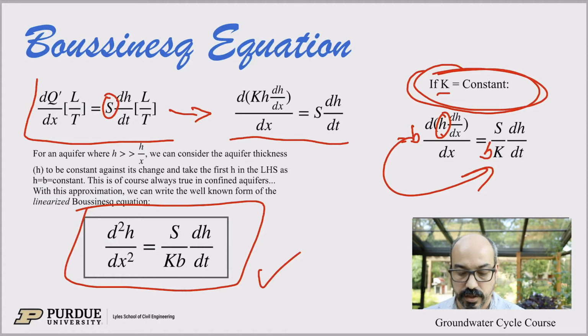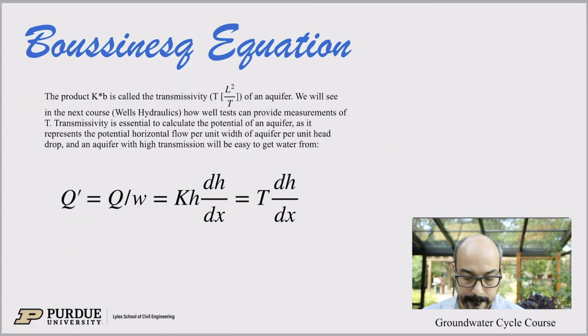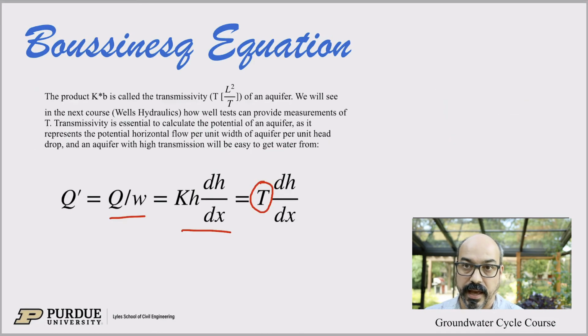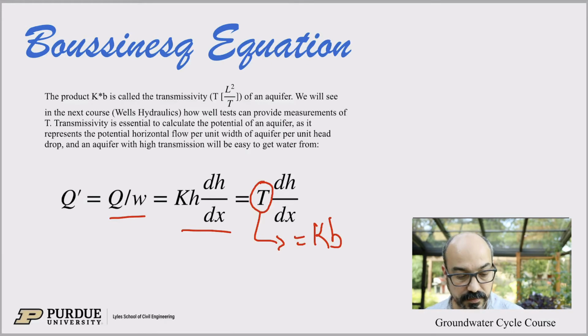And this is the definition of transmissivity. So q prime equals q over w equals kh dh dx, again, kh dh dx. If we say kh equals kb is constant, that kb term is called the transmissivity of the aquifer. Now, this is really important because the next course, the second course of that three 1-credit sequence, is on wells hydraulics.